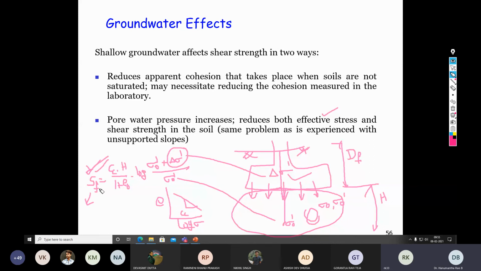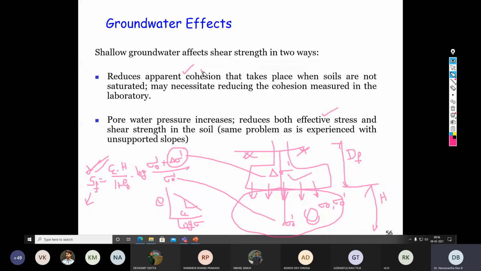So how does the presence of water reduce the shear strength of the soil? As you can see, there is something called cohesion. Cohesion means it is electrochemical or some kind of chemical bonding between the soil particles. So when water is introduced into the soil media, it dissolves or weakens that chemical bonding.